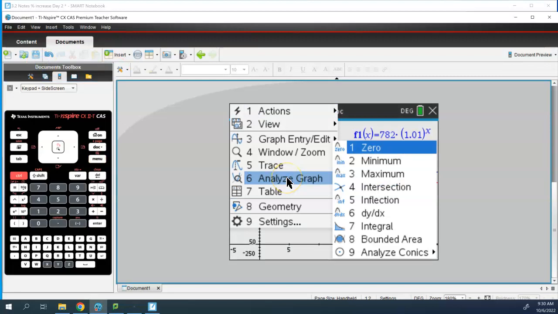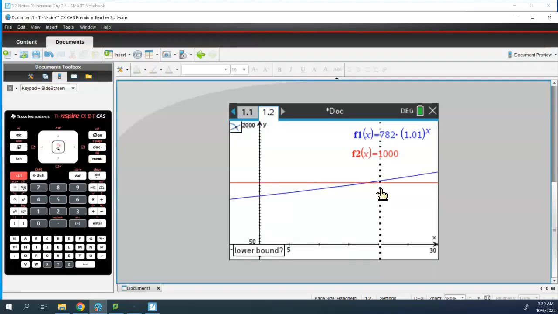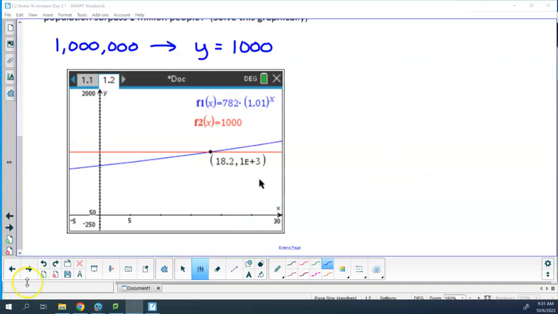Menu, analyze graph, intersection, and we don't need to be cute. So get that area nice and wide so that you get an intersection of 18.2. Okay? So what is this saying right there?